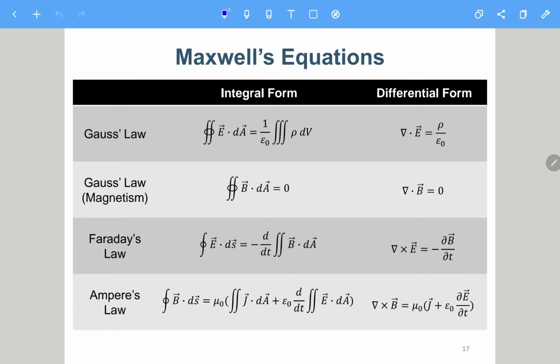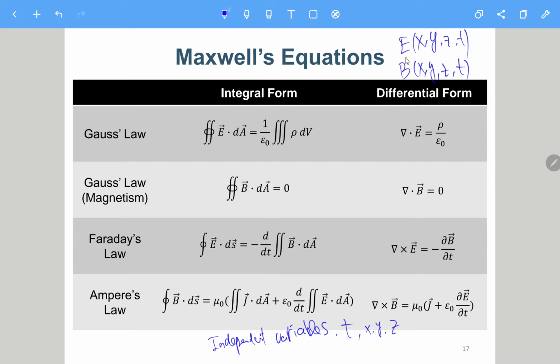So there are four independent variables, t, x, y, z, which means we have E of x, y, z, t, and B of x, y, z, t.